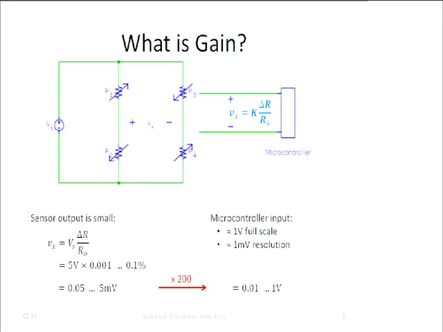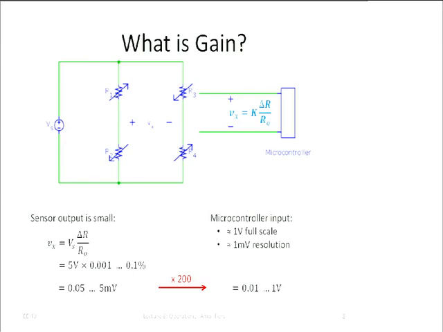So it can see is it 0 volt or 1 millivolt or 2 millivolts, but 1.5 millivolts and 2 millivolts is the same thing. It can't distinguish that. And so if our signal is only a few millivolts, then it really sees almost nothing. Maybe it sees whether a big weight is on there or nothing is on there, but that's about it.